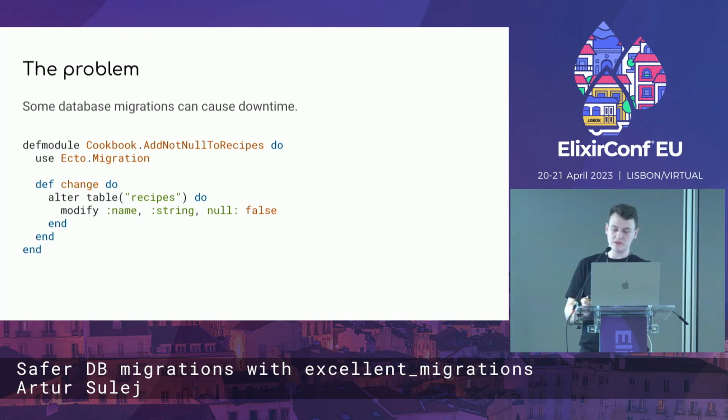If this table is big enough, the time is significant, and your transactions that touch this table will time out. Your endpoints that use those queries will time out, and that can cause partial or even full downtime of your production. So, one of our worst nightmares.